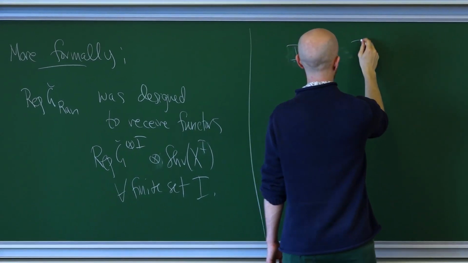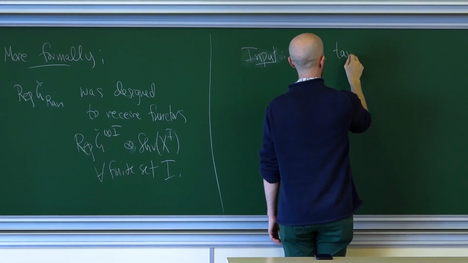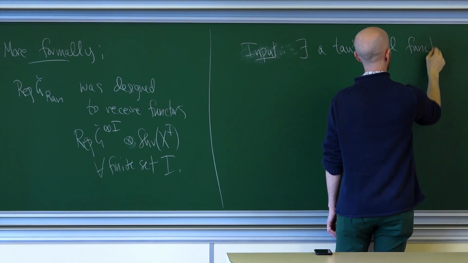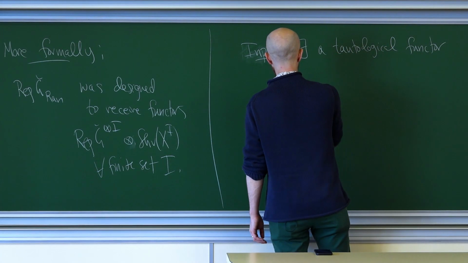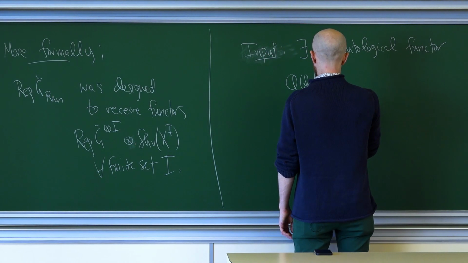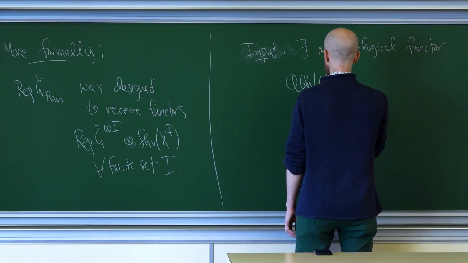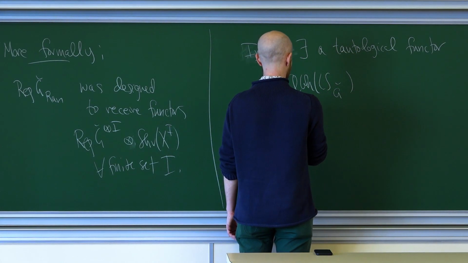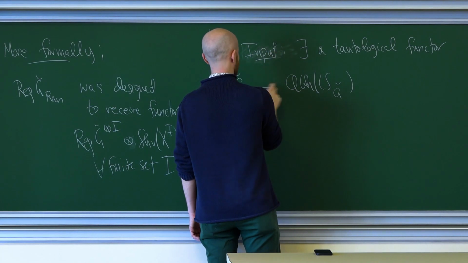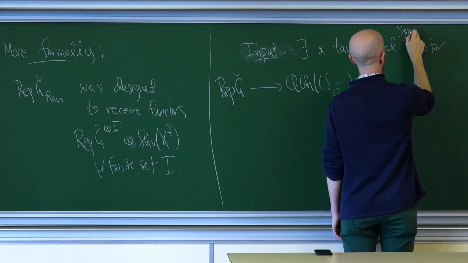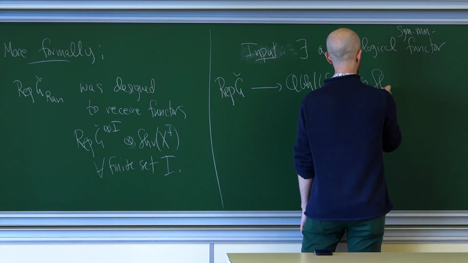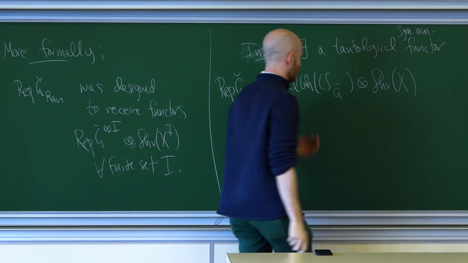So the input is that there exists a tautological functor from Rep G check, a tautological symmetric monoidal functor into these sheaves on X.